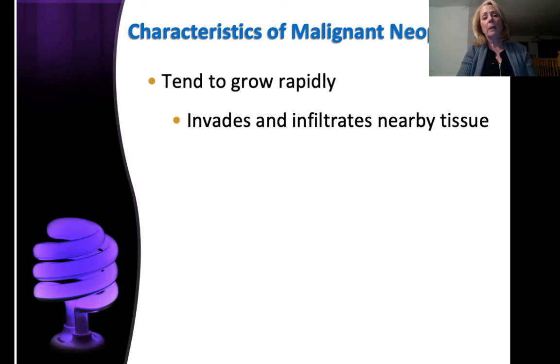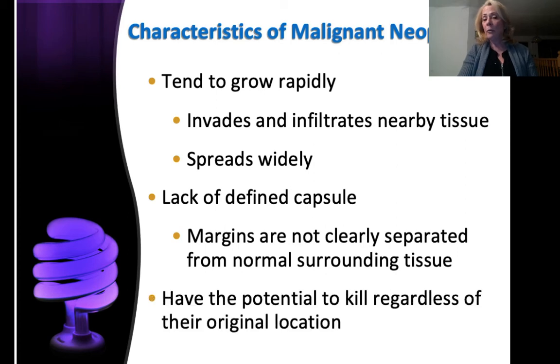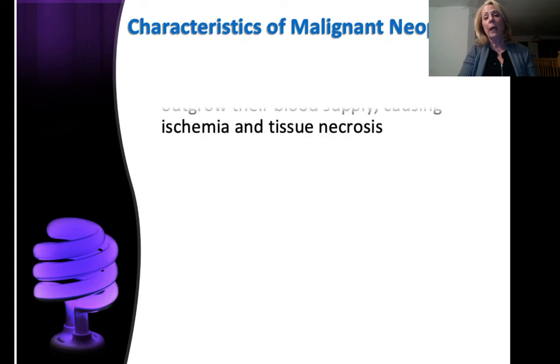So malignant neoplasms grow rapidly, they can invade, infiltrate, spread widely, they lack a defined capsule, and the margins are not clearly separated from normal tissue, so they're hard to remove, and they have the potential to kill regardless of their original location.